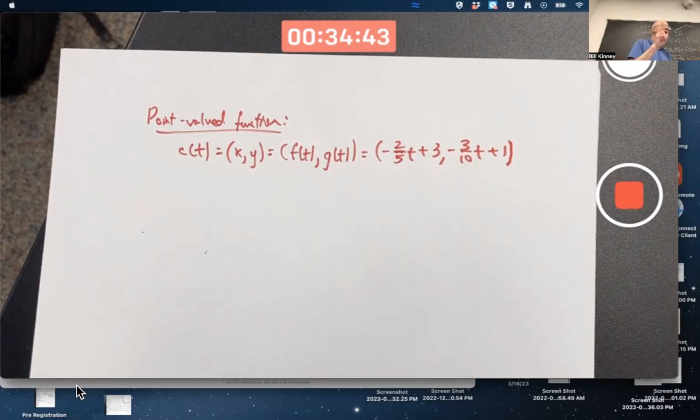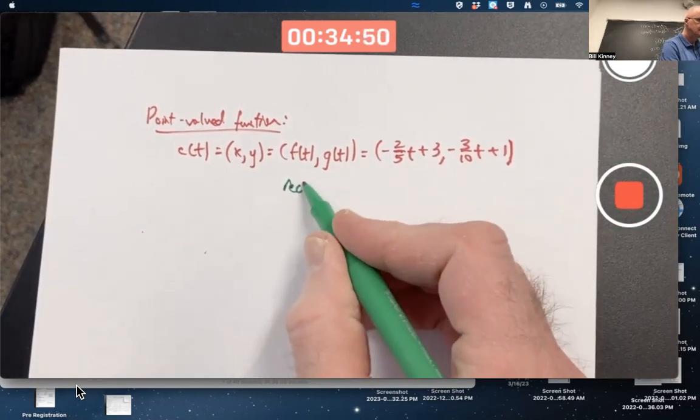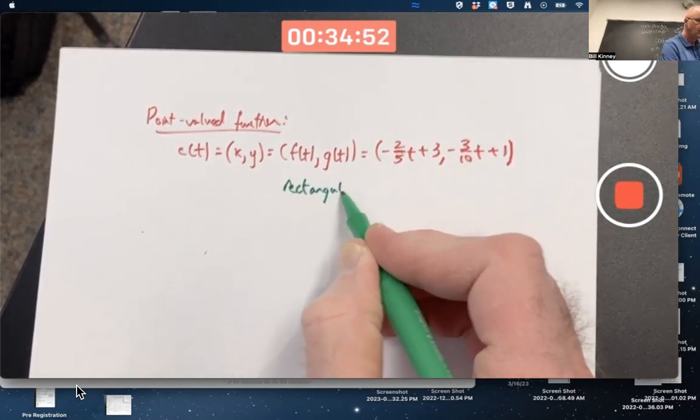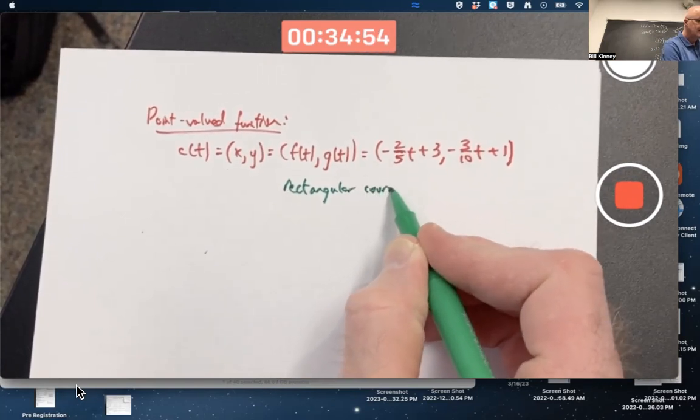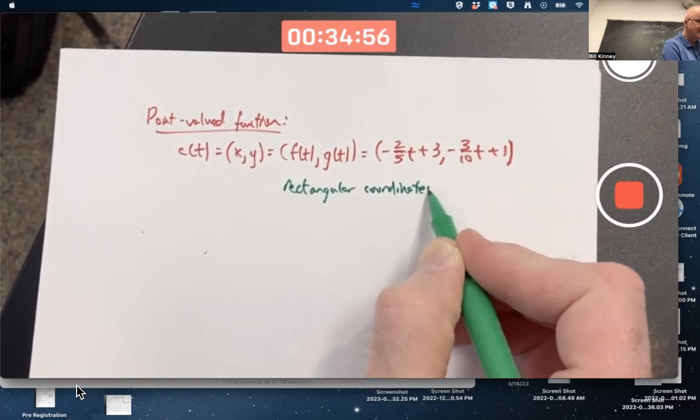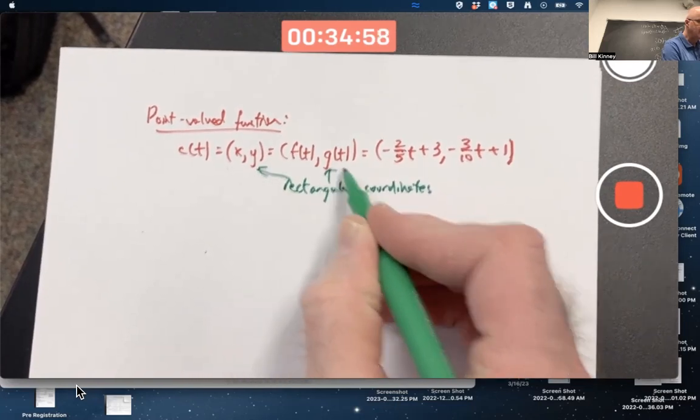It's got two coordinates. These are rectangular coordinates here, the ordinary Cartesian or rectangular coordinates of a point in a plane.